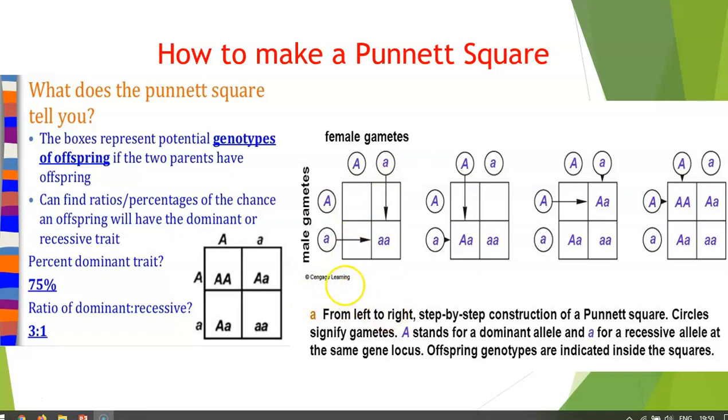Offspring's genotypes are indicated inside the square. So the squares that you will fill will show you the offspring's genotype. You can start in this particular direction, or you can start bringing the two capital A's together, the capital A and the small a together. Either way, it is going to help you fill the grid and complete your Punnett square.